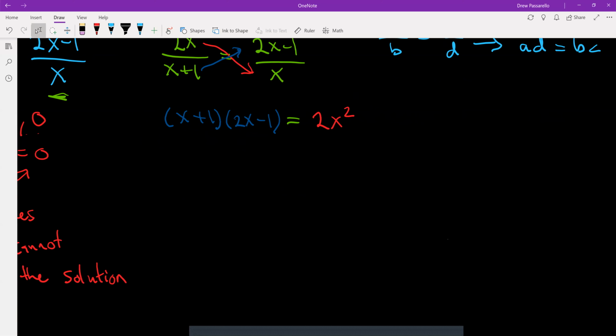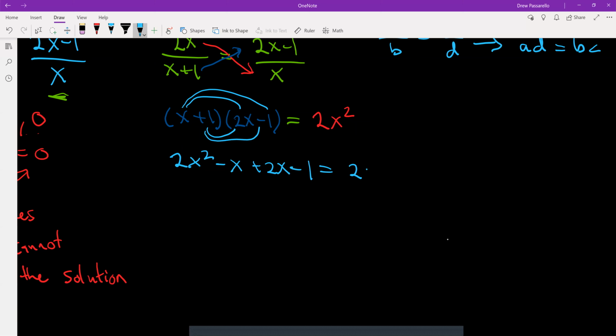All right, so then this, I'm just going to FOIL it out. So x times 2x, that's going to be 2x squared. Then I have x times minus 1, that's going to be minus x. And then 1 times 2x, that's plus 2x. 1 times -1, that's -1.